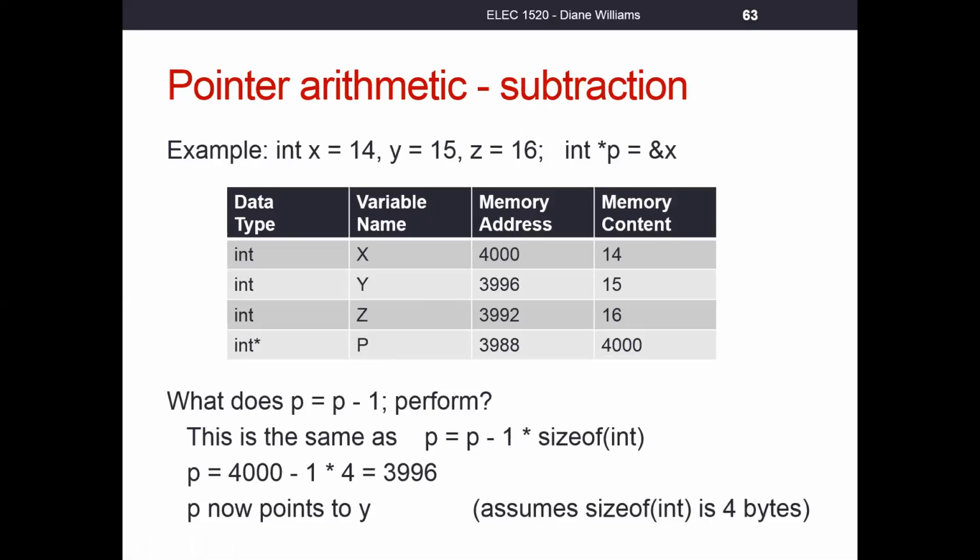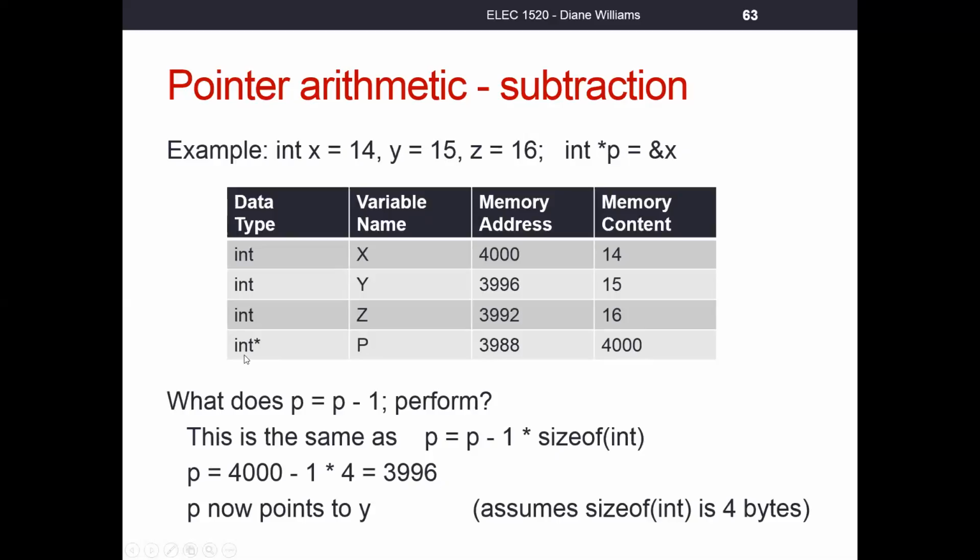And now similarly, in this example, we have the same X, Y, and Z, but now we're going to make P point to the address of X. So X's address is 4000. We can see that we store 4000 in P's memory content. And now when we say P minus 1, P is 4000, that's where this comes from, minus 1 times the size of an int.